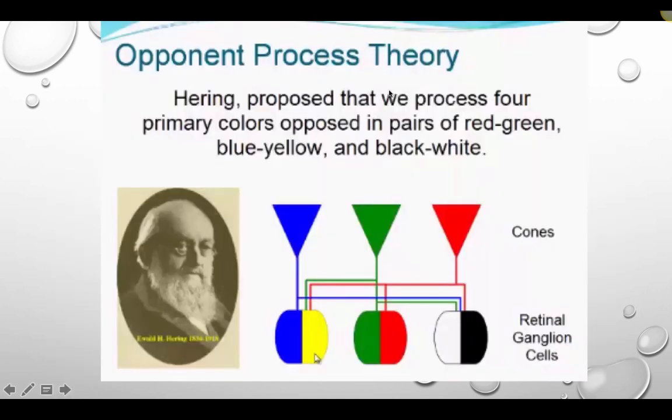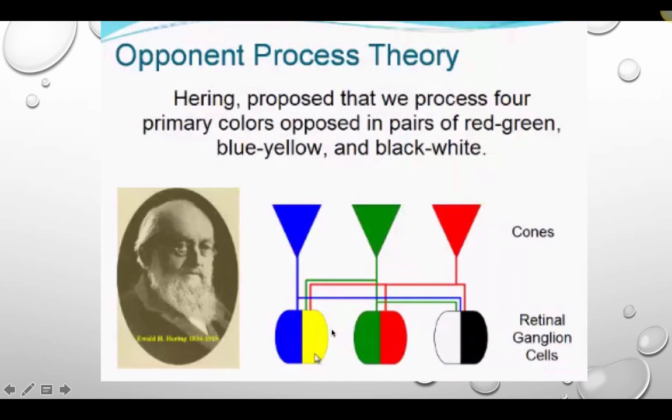Now, this is a diagram that helps you visualize the opponent processing theory proposed by Hering. Remember, these are the cones: red, long wavelengths, green, medium wavelengths, and blue, short wavelengths, and how they feed into the ganglion cells. Now, this is a blue-yellow pair. What if more blue-on signals were being sent to this pair and less red and green?